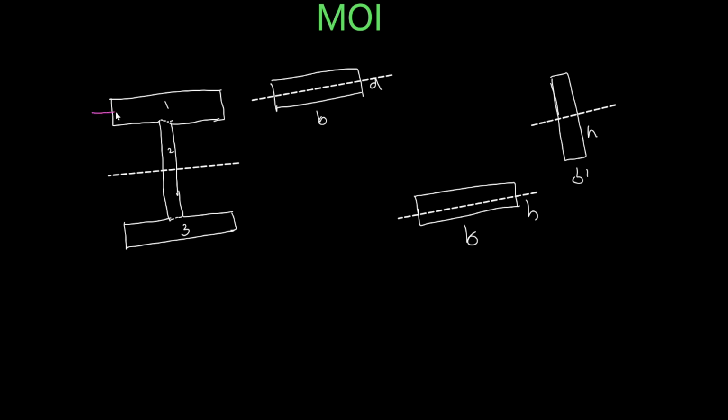You will calculate about this axis for figure number 1. For number 2 you will calculate about this axis. Number 3 you will calculate about this axis. Once you calculate for the different figures, then you will use the parallel axis theorem.